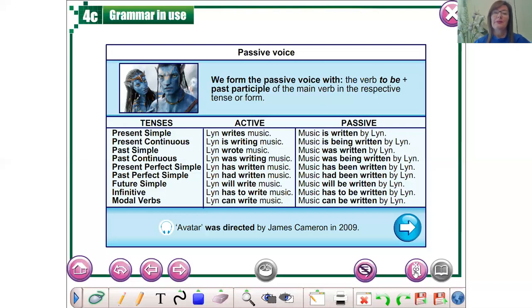The third, we take the verb to be, that is not there in the sentence, but it's here in my hand, and put it in the same tense as the verb in the active. Then we add the past participle of the verb. And in the end, we add the doer or the agent of the action.